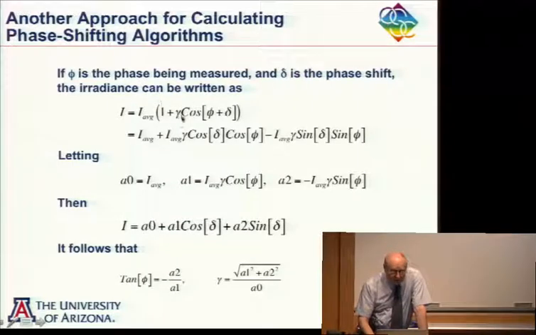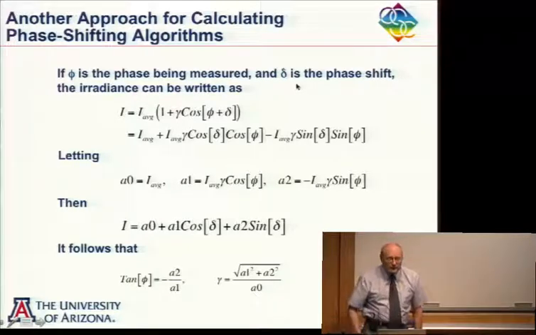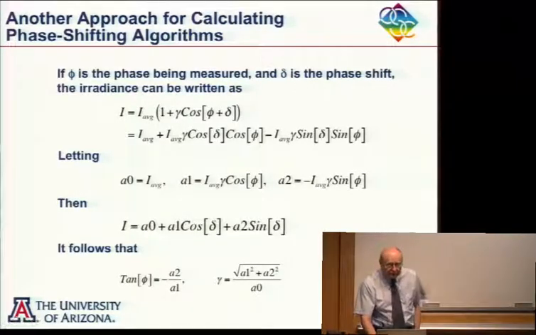Or, in phase shifting, we have a sinc function here. So anyway, some gamma, cosine of the phase we're trying to measure plus my phase shift delta, so phi plus delta.